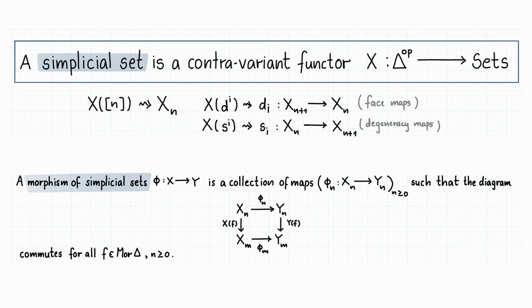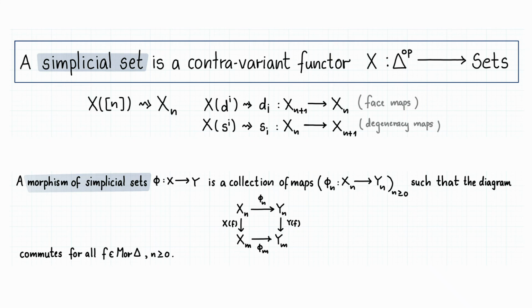And since f is generated by the co-phase and co-degeneracy maps, it's also enough to check on just those maps. So this also makes it into a category. You get a category of simplicial sets where the objects are simplicial sets and the morphisms are precisely the ones defined here.